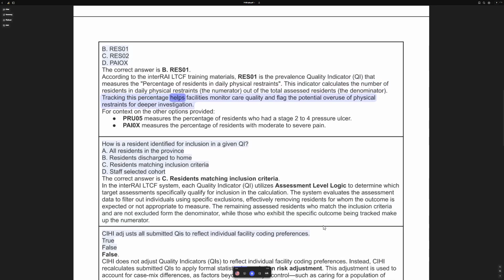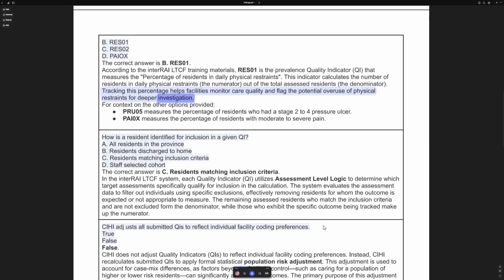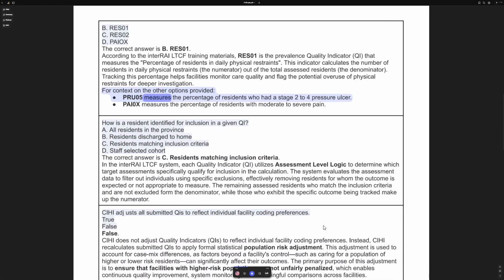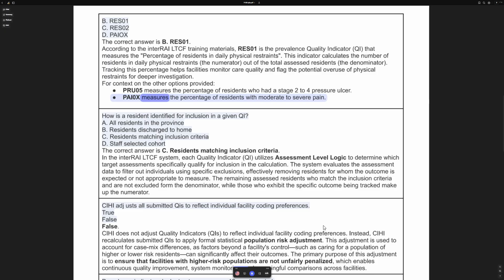Tracking this percentage helps facilities monitor care quality and flag the potential overuse of physical restraints for deeper investigation. For context on the other options provided, PRU 05 measures the percentage of residents who had a stage 2 to 4 pressure ulcer. PAIN 0X measures the percentage of residents with moderate to severe pain.